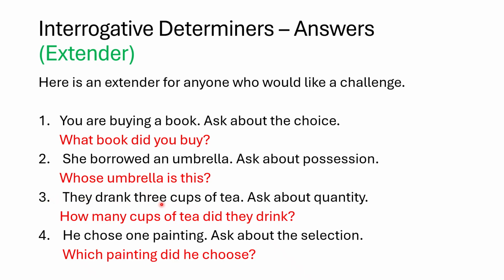They drank 3 cups of tea. When you ask about quantity, the question could be, how many cups of tea did they drink? 4. He chose 1 painting. When you ask about the selection, the question could be, which painting did he choose?